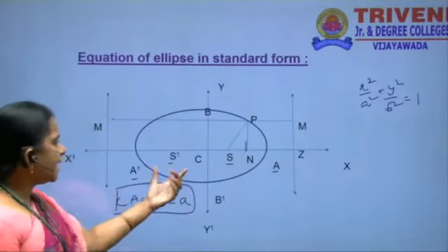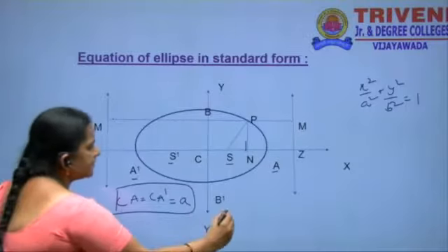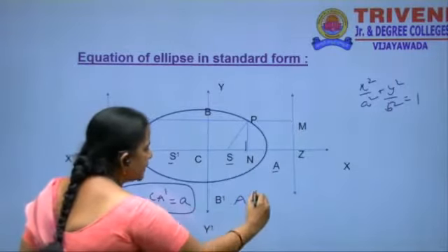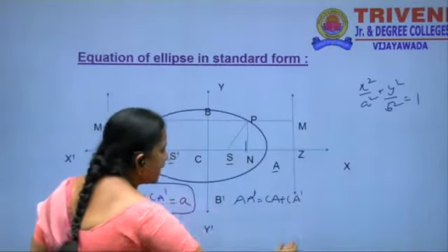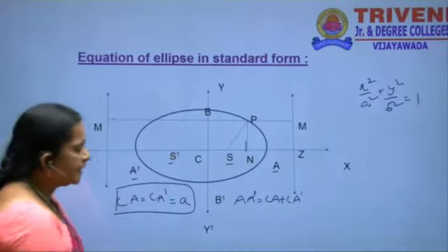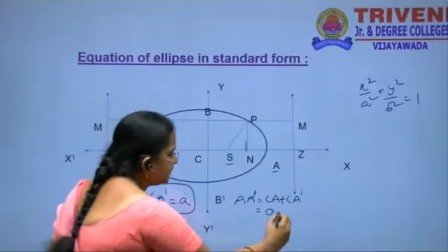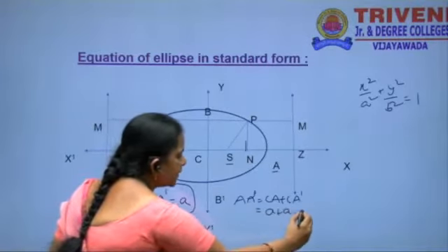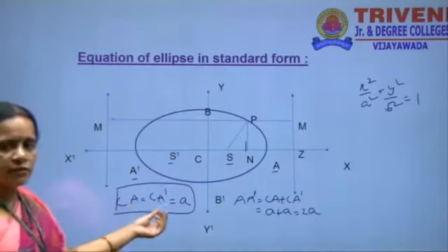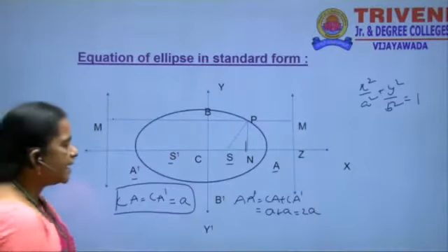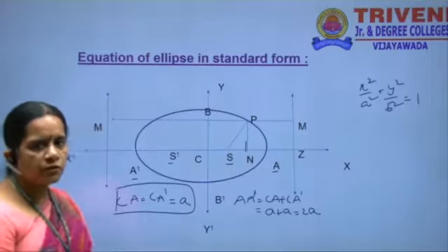Then AA dash is nothing but CA plus CA dash, small a plus small a, which is equal to 2a.